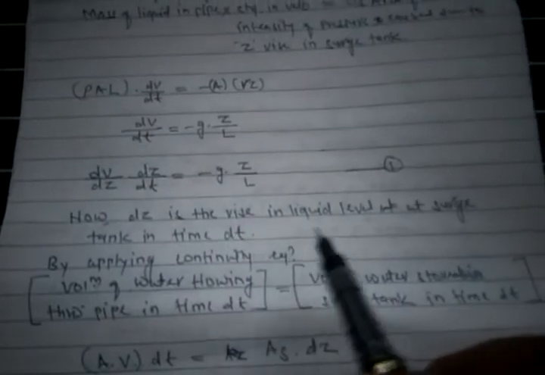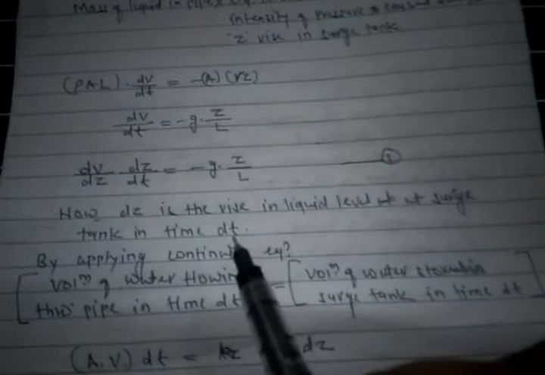Purposefully we have introduced Z here by the chain rule: instead of dV by dt we have written dV by dZ and again dZ by dt. Now dZ is the rise in liquid level in the surge tank in time dt.